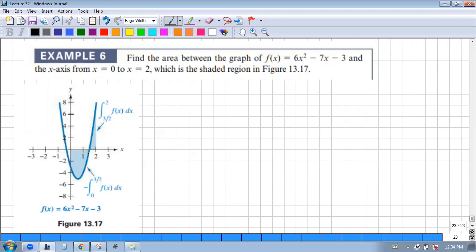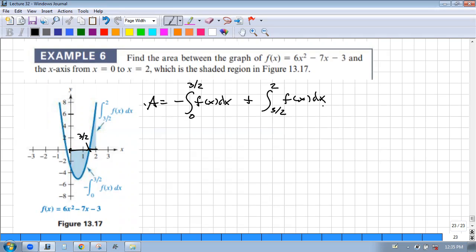We need to do this one and put a minus in front of it. So let's see, this point right here is 3/2. So we need to go from 0 to 3/2 with a minus. And then we need to go from 3/2 to 2 without the minus and add those together. So the area is going to be the negative integral of f of x from 0 to 3/2, and then the positive integral from 3/2 to 2.